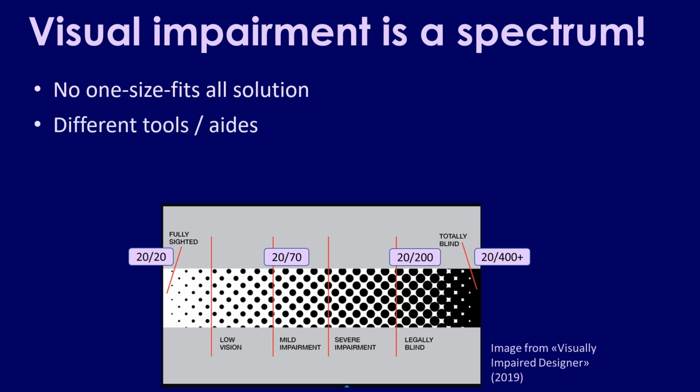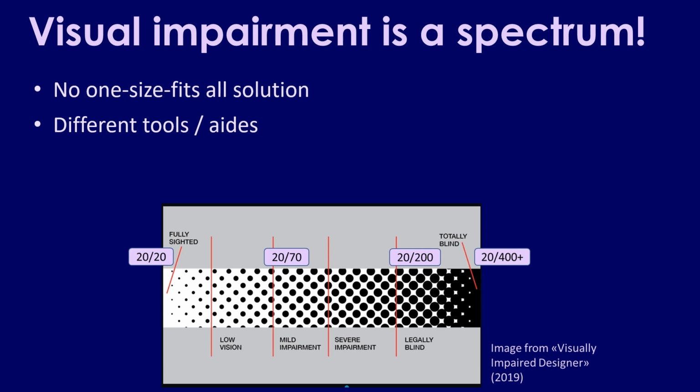People are going to use different tools and different aids. So I use a magnifier to enlarge my screen, whereas someone who is fully blind or closer to the fully blind end of the spectrum would likely use a screen reader. This is a program that reads everything aloud, including images.